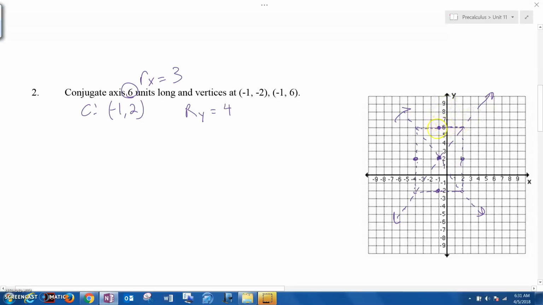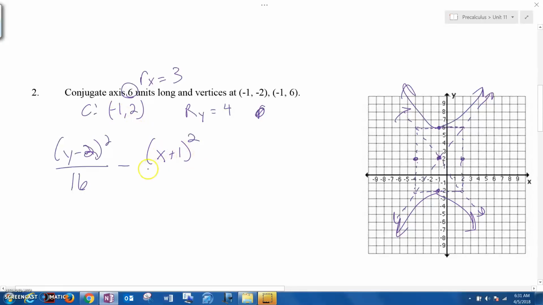It's up and down because the vertices are top and bottom here. So there's my hyperbola. I have Rx, we have said is 3, Ry is 4, so I can come up with my equation. The center's there. Since it's opening up and down, the y comes first. (y minus 2) squared over Ry squared, which is 16, minus (x plus 1), because it's the opposite, squared over Rx squared, which is 9, equals 1.